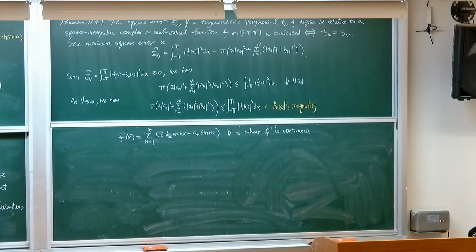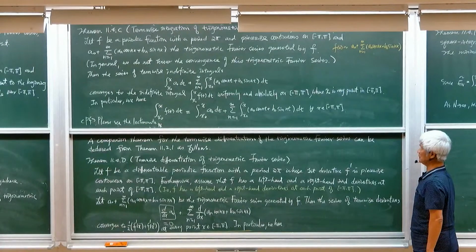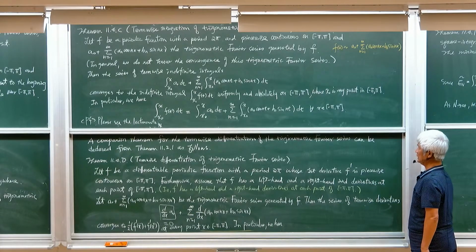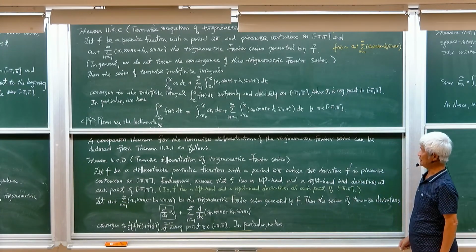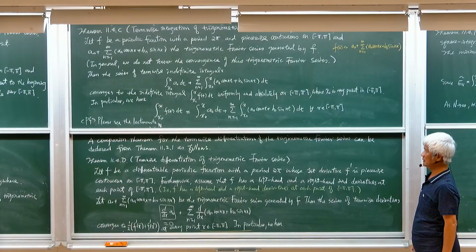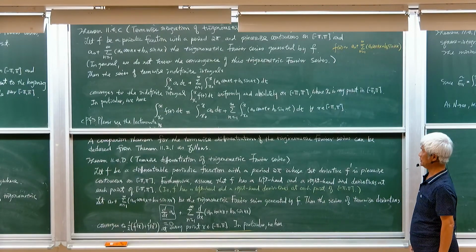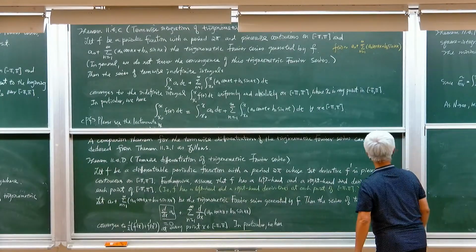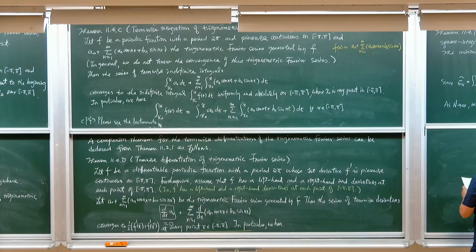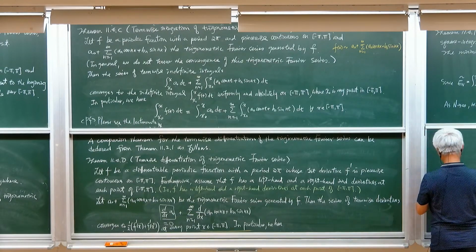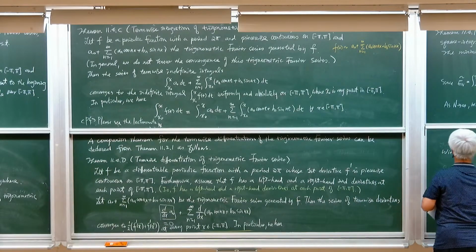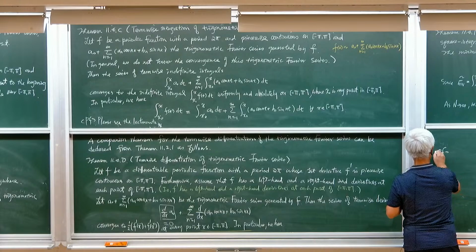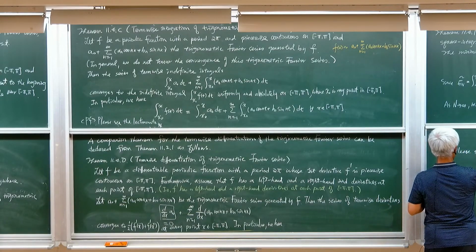We need a stronger condition, that the periodic function should be differentiable, and its first derivative satisfies the two conditions required in the earlier theorem. As for the proof, please see the lecture notes.